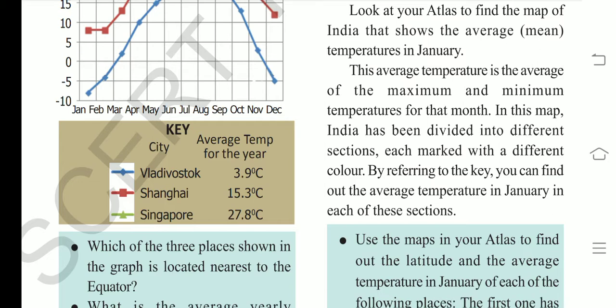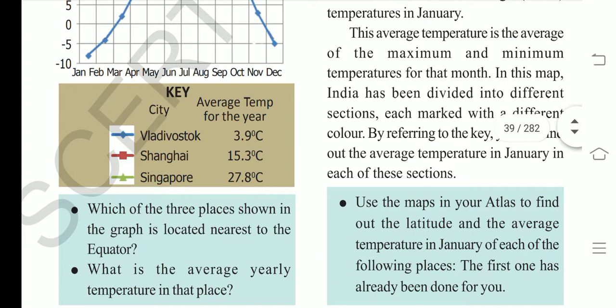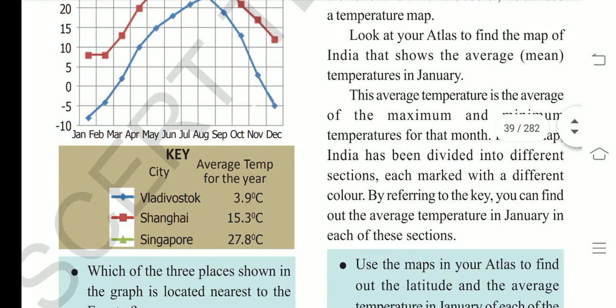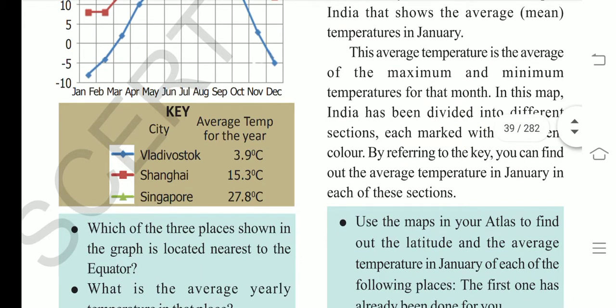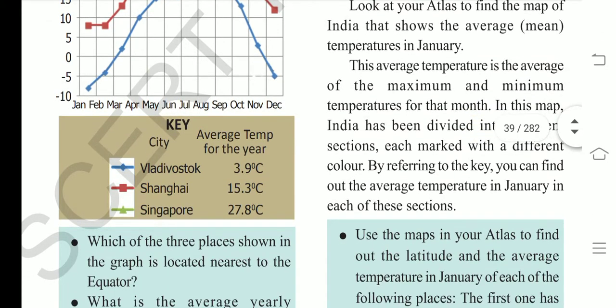The average temperature is the average of the maximum and minimum temperatures for January, February, March, April and so on, divided by the number of months. That is what is shown by the three lines in the graph.